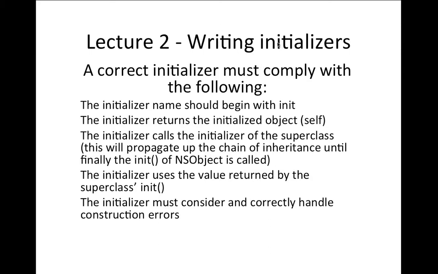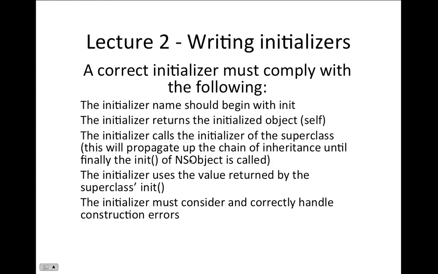So it's very similar to Android, actually. This will propagate up the chain of inheritance until we finally get to the initializer of NSObject. If you remember, even though we're not using inheritance with the first object that we created, as we saw last week, we inherit from NSObject, which is the highest object in the hierarchy.